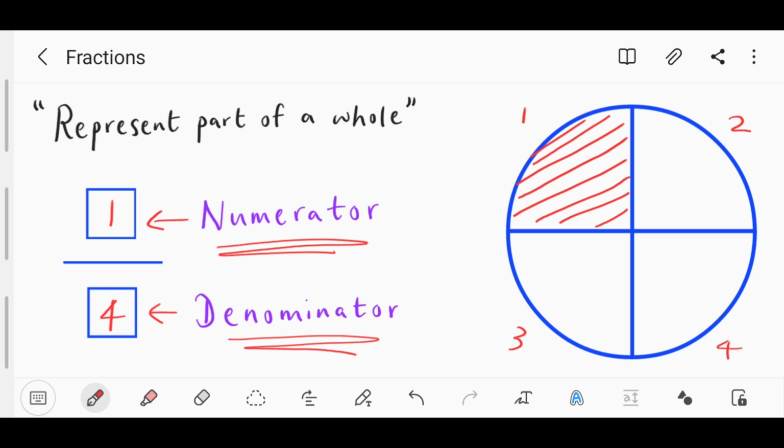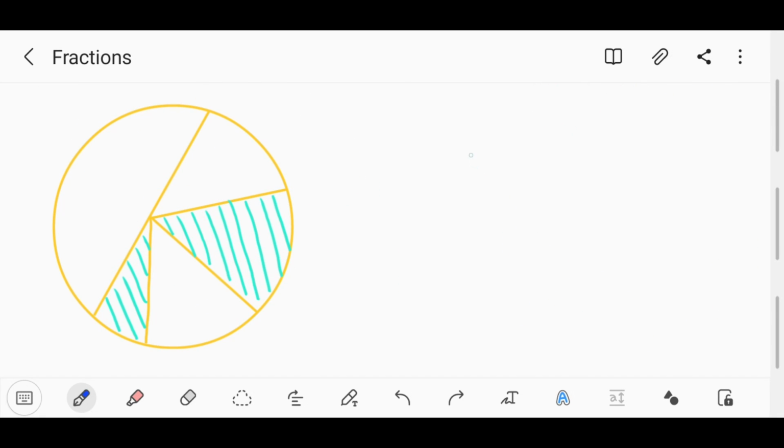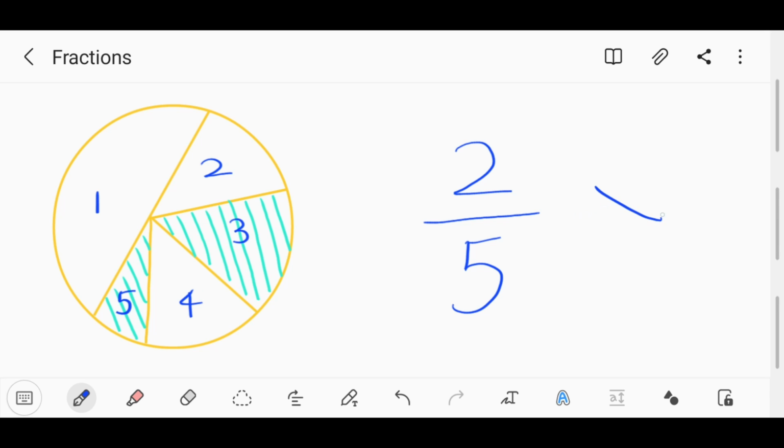So let's go ahead and go to another example. If we take this example, is the fraction 2 over 5 or 2/5? So as we can see, there are 5 parts that this circle has been divided into, and only 2 of them are colored. But this cannot be represented as 2 over 5.